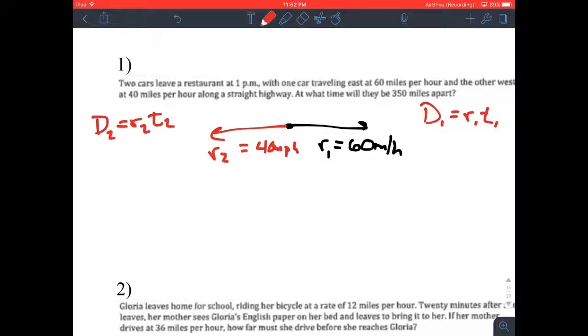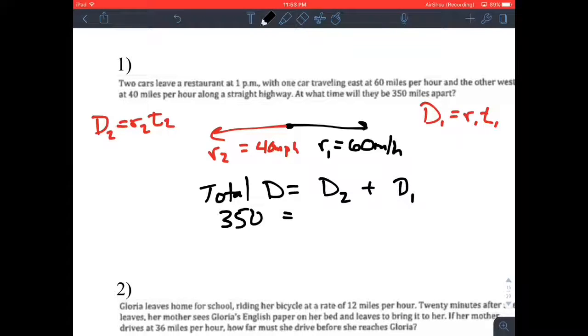So we know that the total distance is going to equal distance 1 plus distance 2. We were told the total distance is 350. Distance 1, we don't know what it is, but we know it's rate times time.